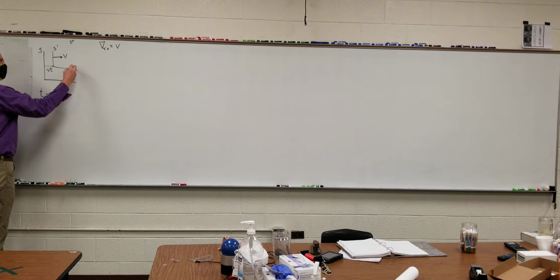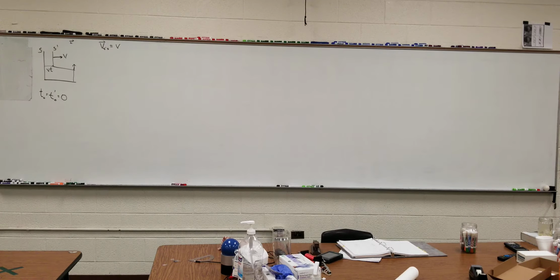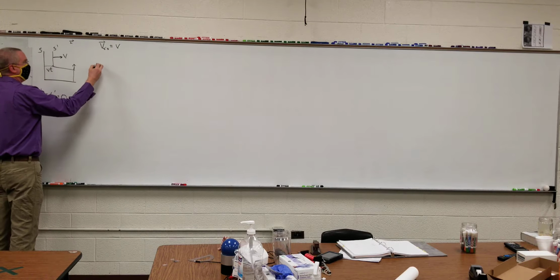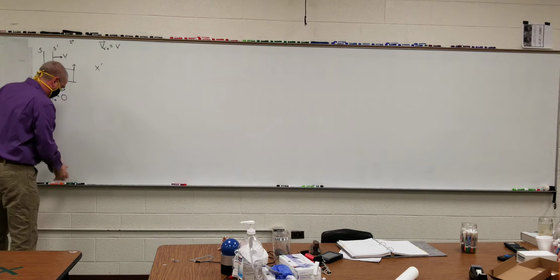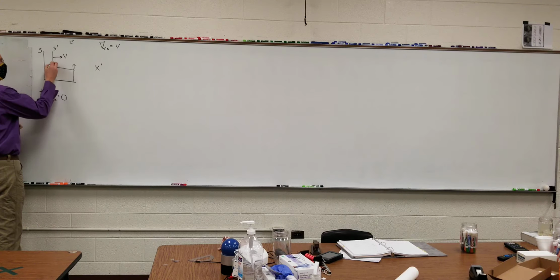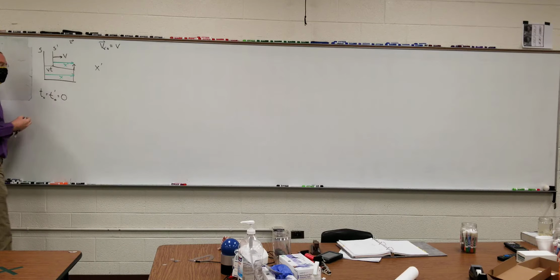So if I have something at this location here, then in s prime's frame, this is at some position x prime. From this point of view, it's at some position x prime, and from s's point of view, it's at some position x.